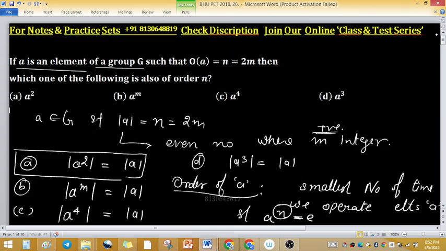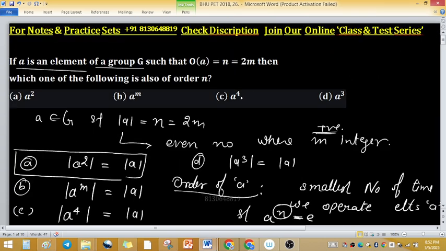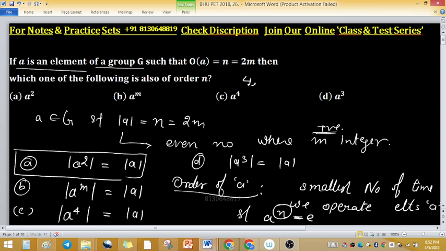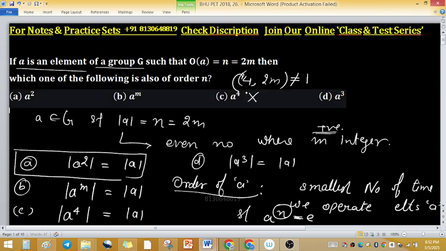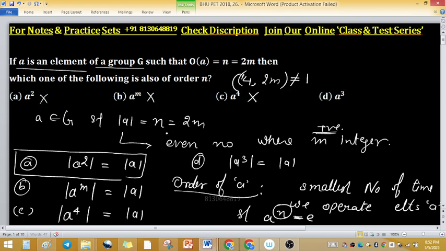What should be the power? k is the power. So the GCD of 4, this power 4, with 2m is not equal to 1. That's why this is not an option. Options B and A are discarded. Now the GCD of 3 and 2m is 1, so it will be the right one.